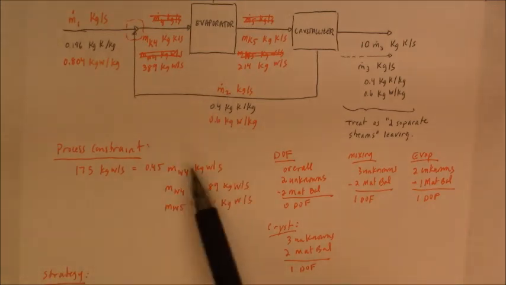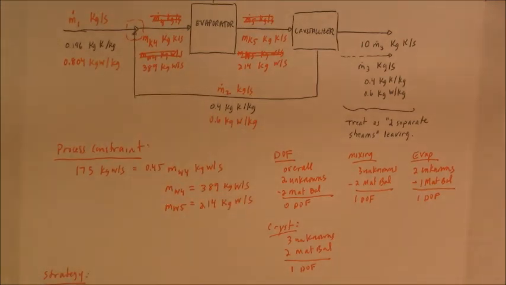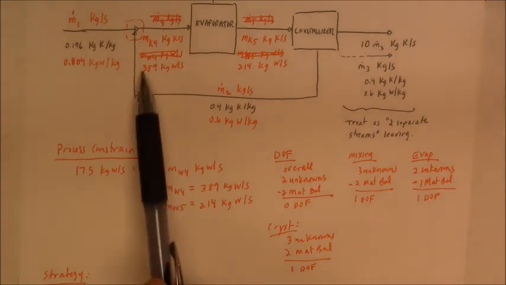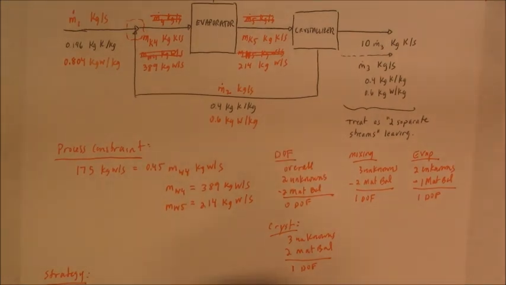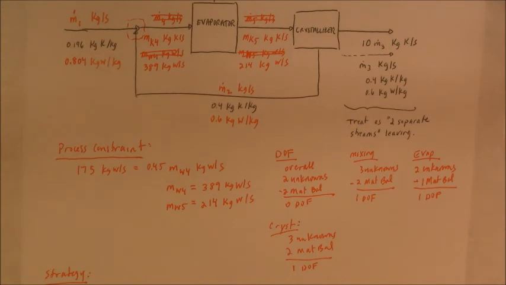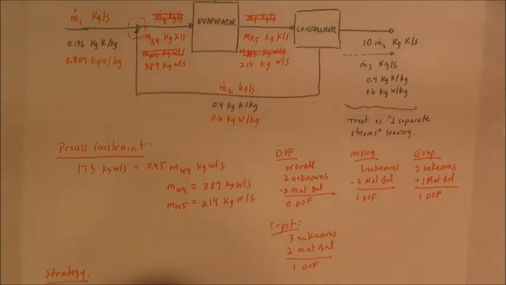Once we know M2, we can then do a potassium sulfate balance to solve for the flow MK4. So we'll do the water balance first at the mixing point, then the K balance, not the overall balance, because that wouldn't help us.